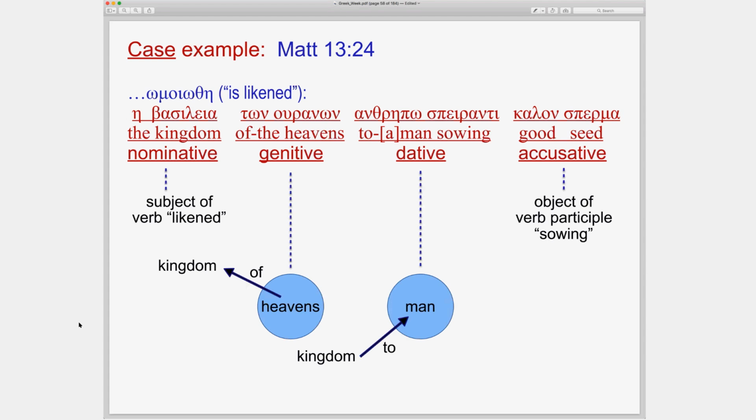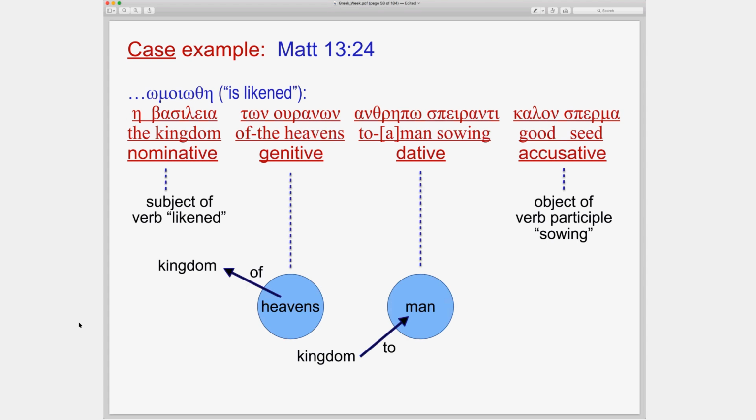So the order is here: omoiothe, is likened; he basileia, the kingdom; ton ouranon, of the heavens; anthropo, to a man; speironti, sowing.